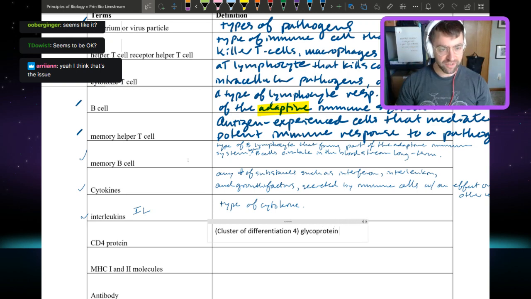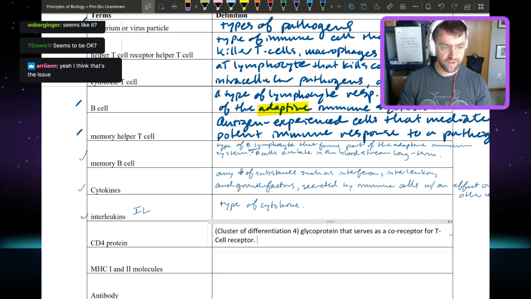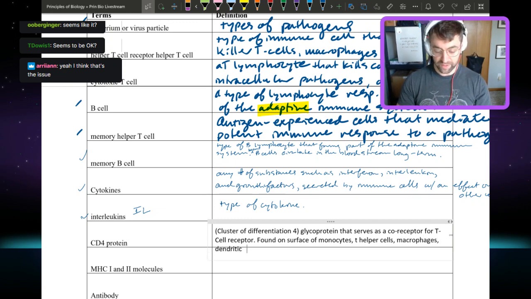Glycoprotein, so in that extracellular matrix, that serves as a co-receptor for T cell receptors. Found on the surface of monocytes, T helper cells, macrophages, and dendritic cells.